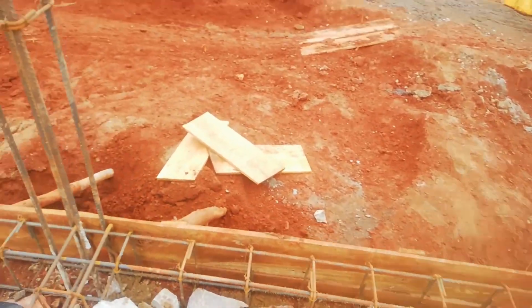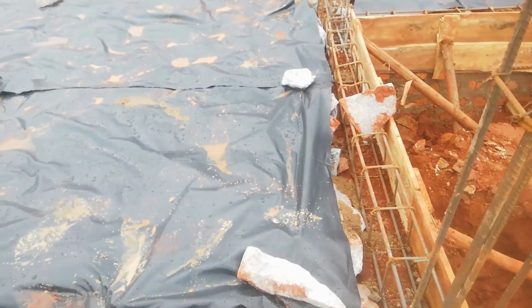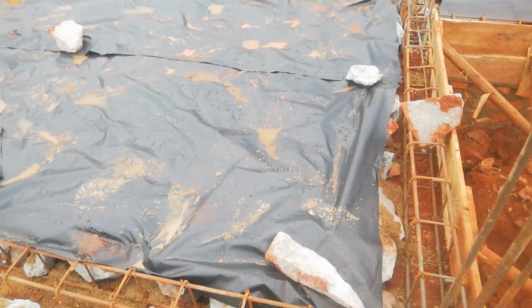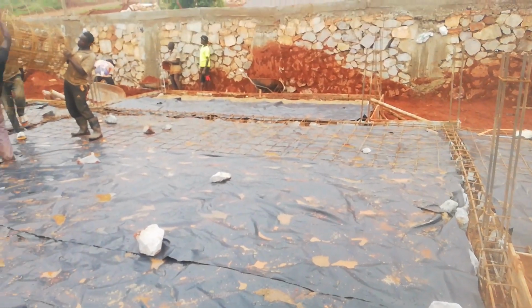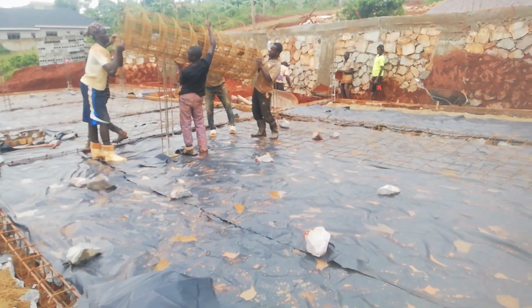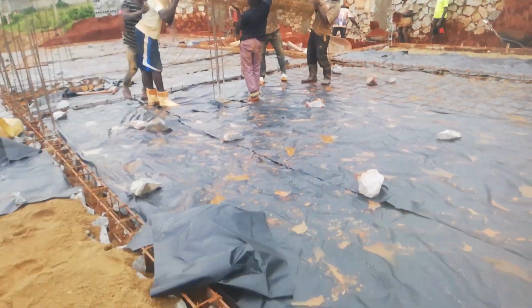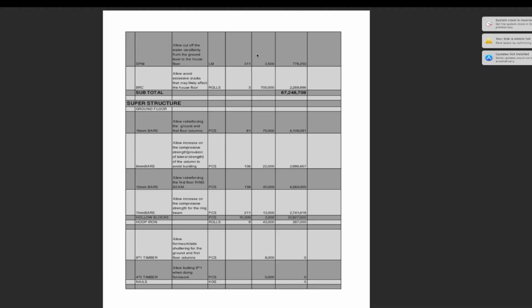So it is important that it is placed so that you avoid structural dampness in your house floor. So we bought 311 linear meters. Each linear meter cost us 2,500 shillings, and that cost us 778,200 shillings.